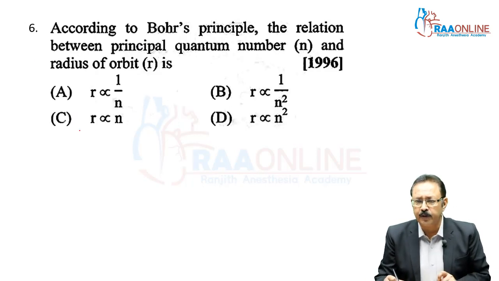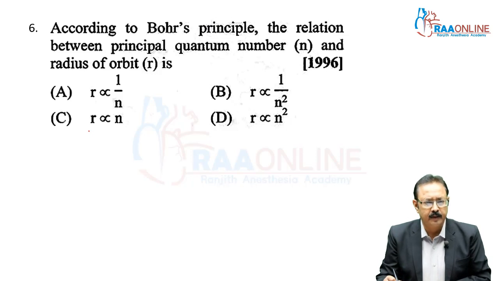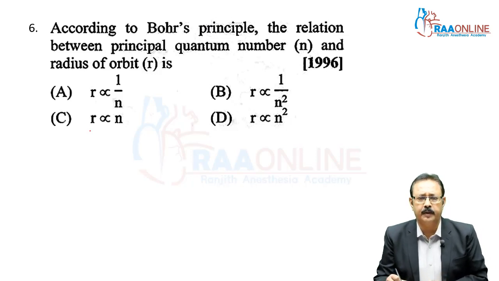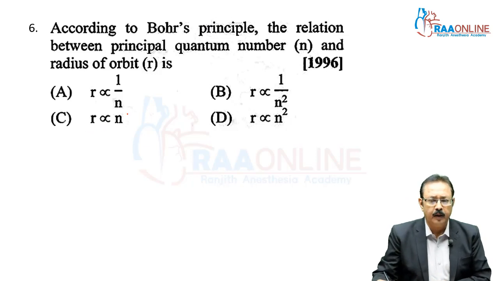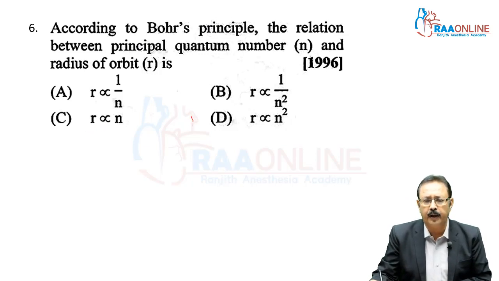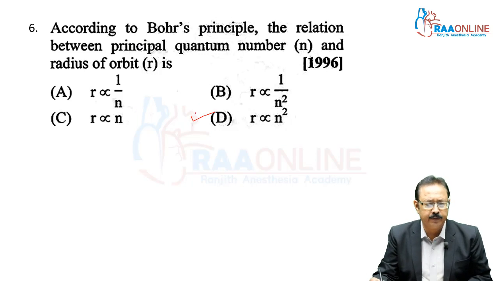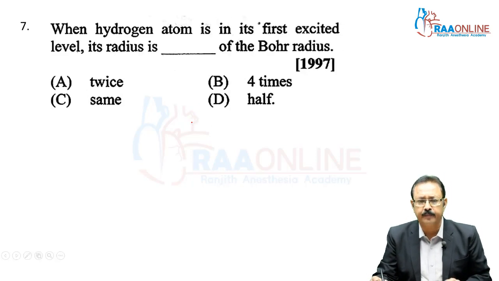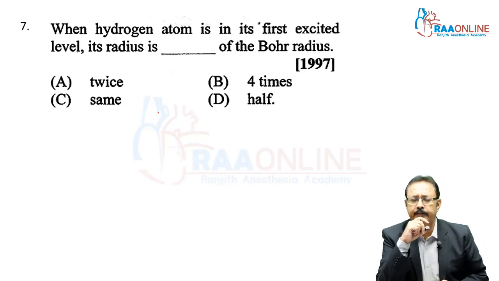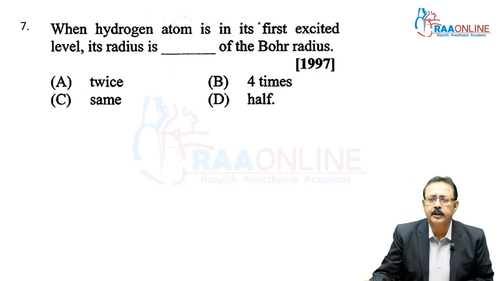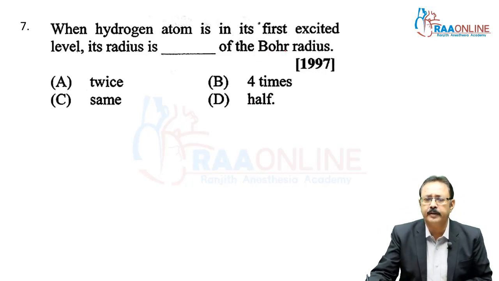Next, it is from 1996. According to Bohr's principle, the relation between, we just discussed in the previous problem, R is proportional to n square. So, for 6 we will go with answer D. When hydrogen atom is in the first excited state level, its radius is, Bohr radius means radius of the first orbit.